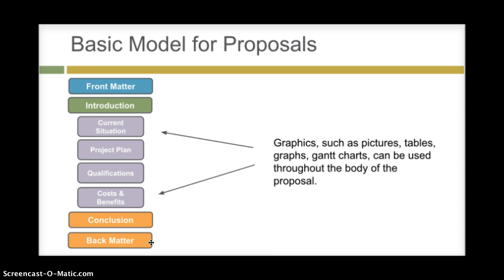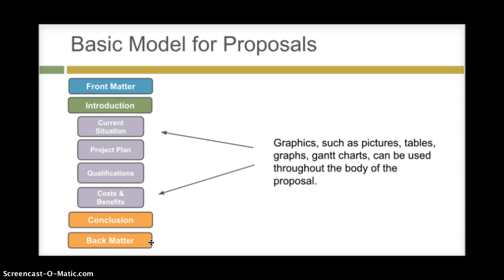Back matter has to do with additional information that you may want to share with the reader, but you don't want to insert directly into the body of the proposal itself. And so the back matter could be organized by using appendices. You're probably familiar with that from other kinds of documents that you've worked with: putting additional information that might be helpful to the reader but not necessary within the body itself in appendices at the back.